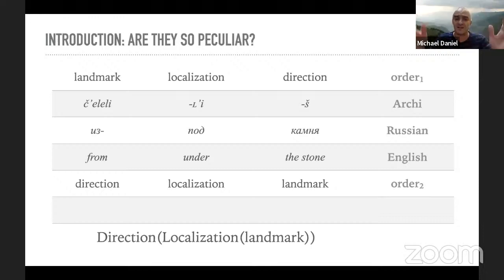So it takes the localization from the landmark as an argument to itself. And then it's quite expectable that, depending on whether you put the localization as a suffix or as a prefix, you need to put the directionality marker outside this pair. So either you have directionality, localization, landmark, or you have landmark, localization, directionality, but no other orders are expected, at least.